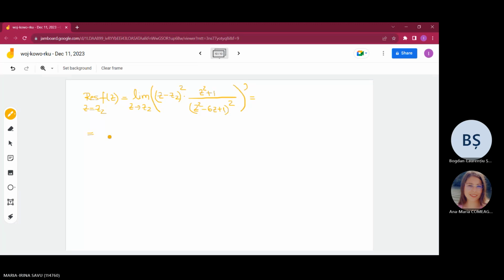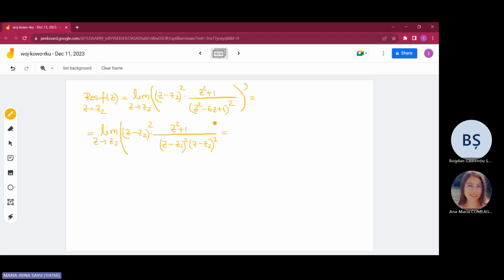We change z squared minus 6z plus 1 squared to z minus z1 squared multiplied by z minus z2 squared. Perfect. So this is the limit as z goes to z2 of z minus z2 squared times z squared plus 1 over z minus z1 squared times z minus z2 squared.